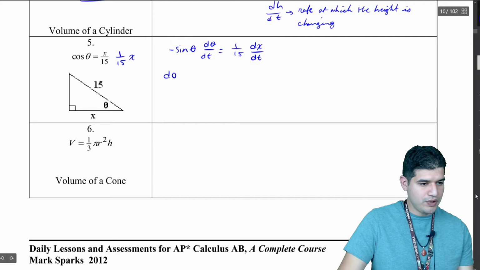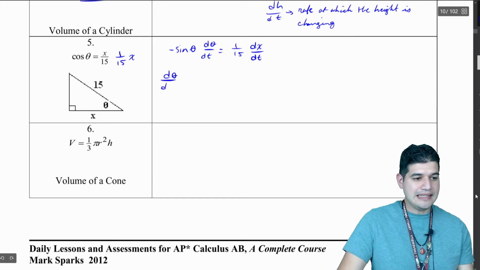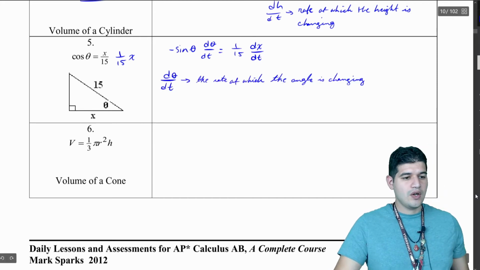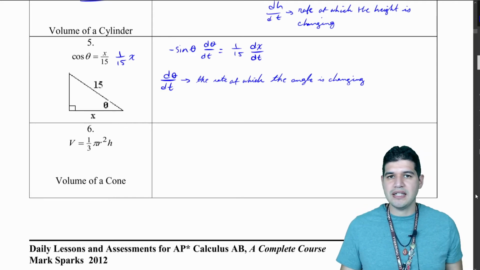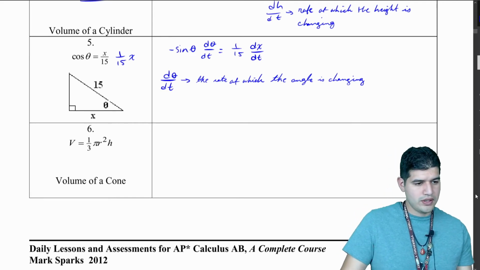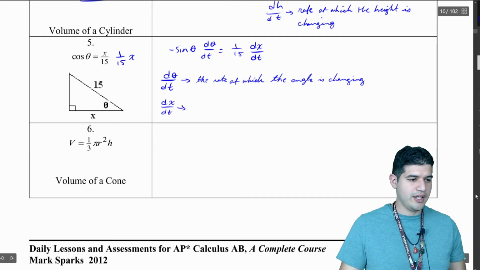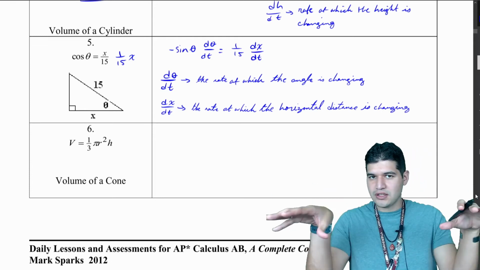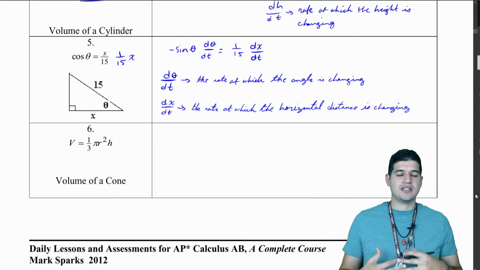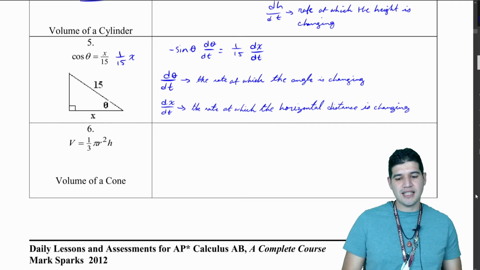So here, when I'm looking at this d theta/dt, that's the rate at which the angle is changing with respect to time. Then what does dx/dt stand for here? Well, that's going to be the rate at which that horizontal line, that x, is changing with respect to time.